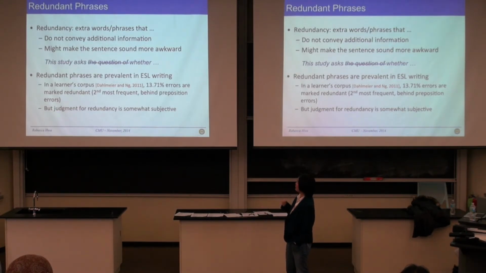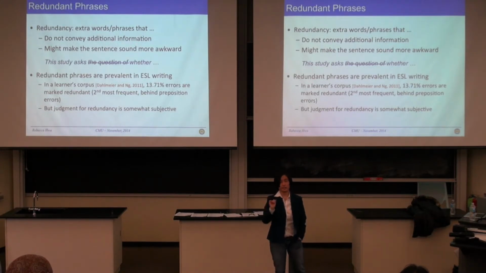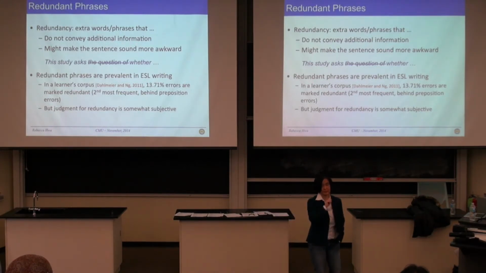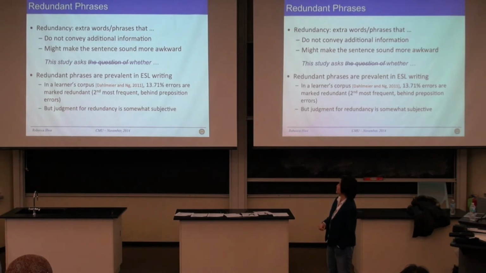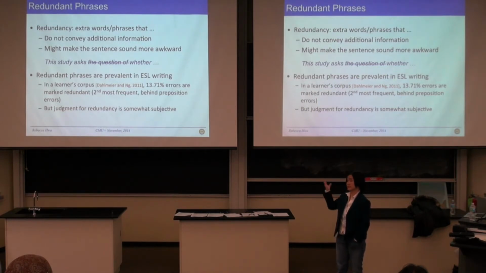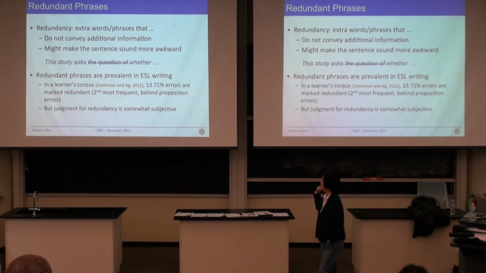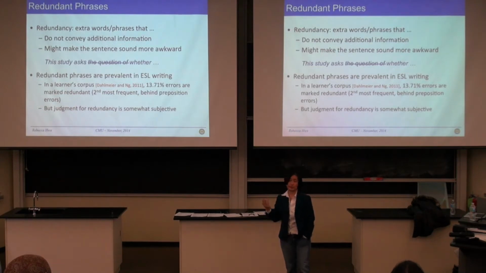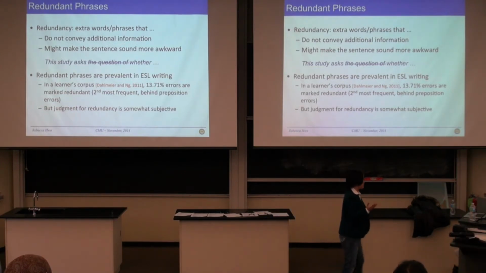So what we want to do is to be able to identify this automatically. The challenge here is that redundant phrases are kind of a subjective matter, and depending on who you ask, they might argue one way or another. So this is still fairly new work, and we're still trying to think about ways to formalize it better.